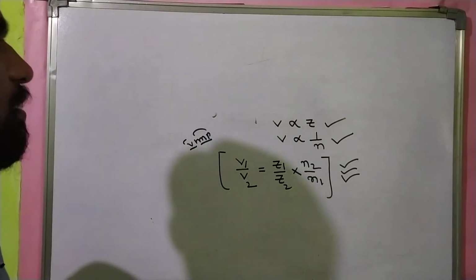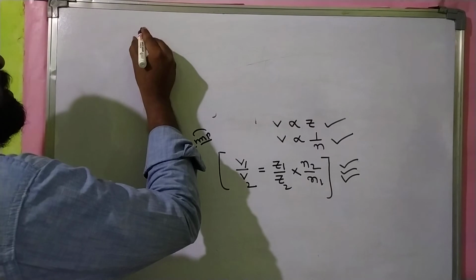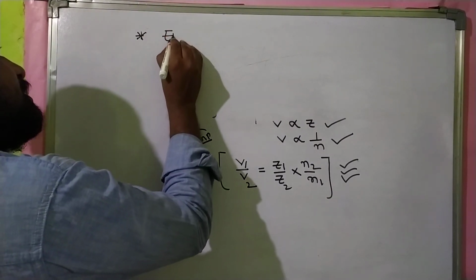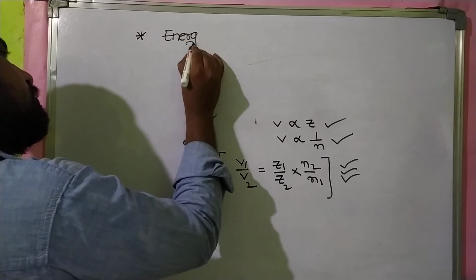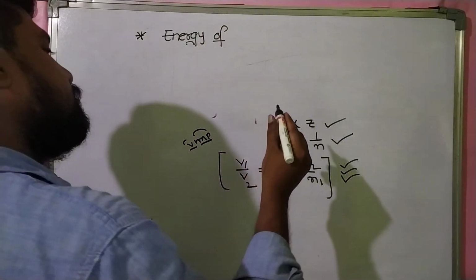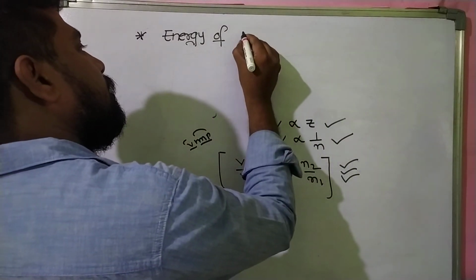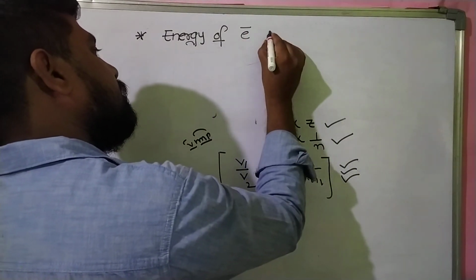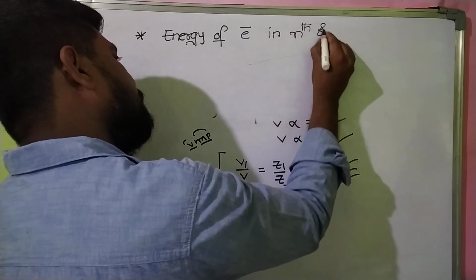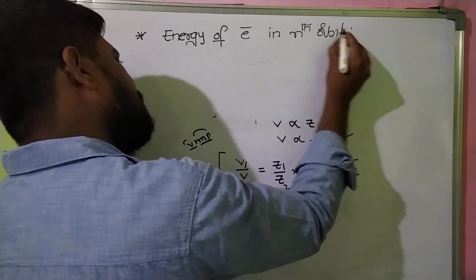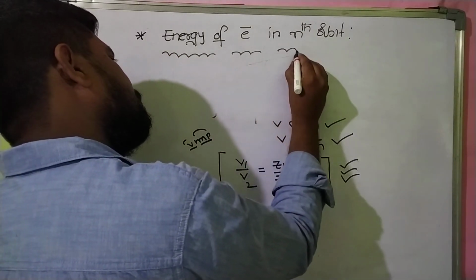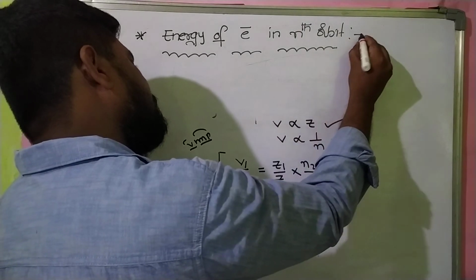Now the third and most important mathematical expression: the energy of an electron in the nth Bohr orbit. Nth orbit means any orbit, whether it is the first, third or 10th orbit.